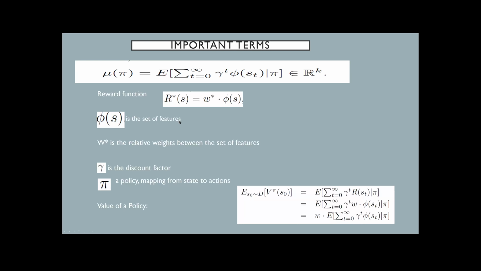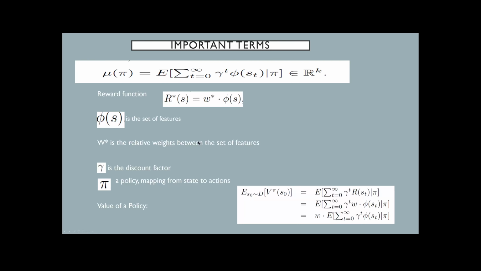All can be considered as possible features. So you have a vector of features, and you also have a W star, which is the relative weight between the set of features. And this vector is unknown to you.